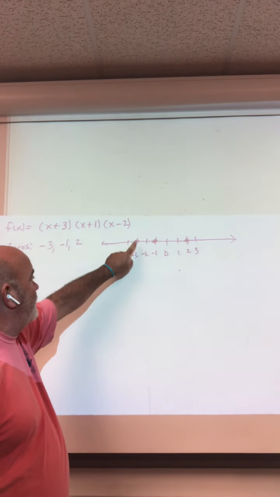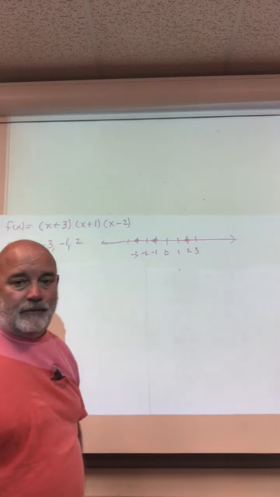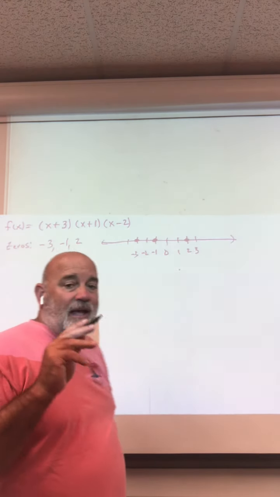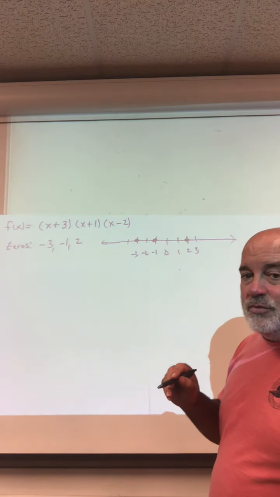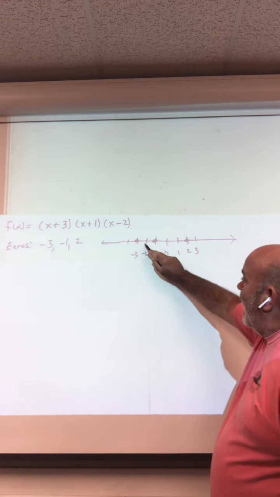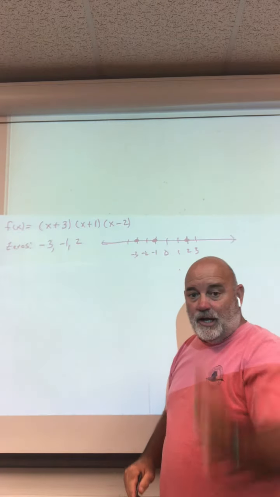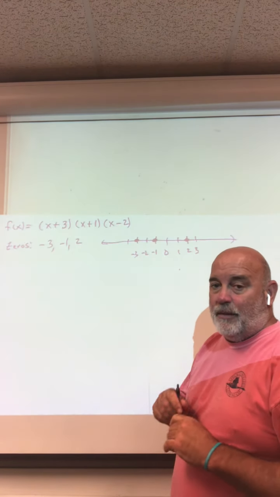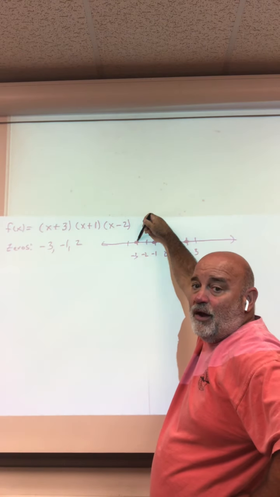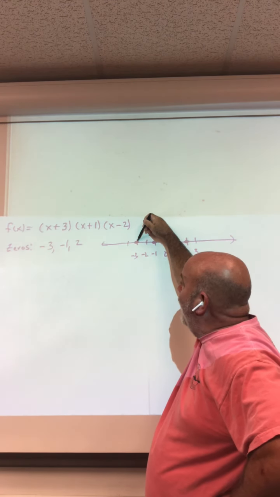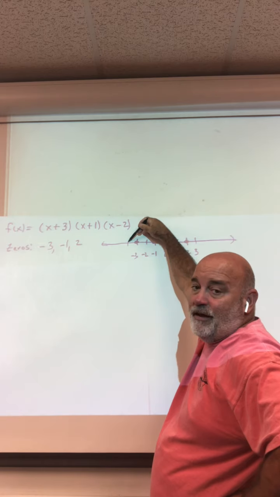All right, so I put my 3 zeros on a number line. Make an XY chart. And when you make an XY chart, I'm going to plug in a bunch of numbers for X. Here's the numbers I'm going to pick. Whatever your first 0 is, go one number to the left of it.